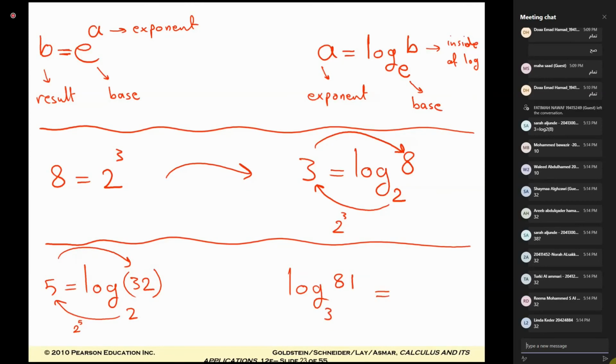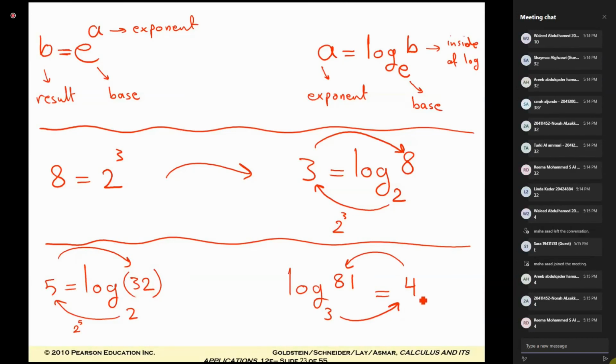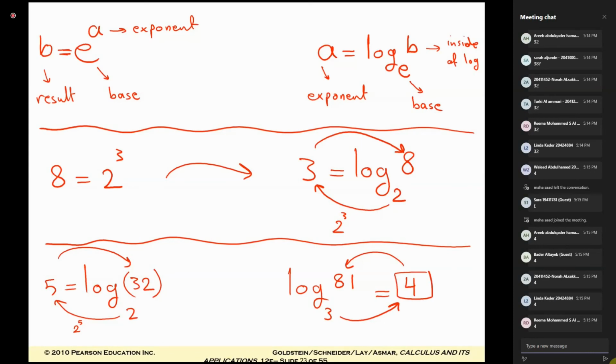What's the value of logarithm 81 to base 3? 3 to the power what equals 81? 3 to the power 4. Good. So we must put 4. So logarithm 81 to base 3 equals 4.